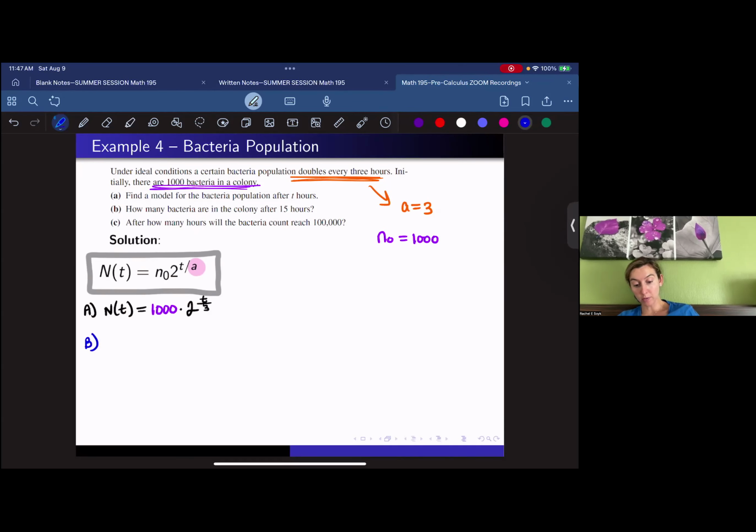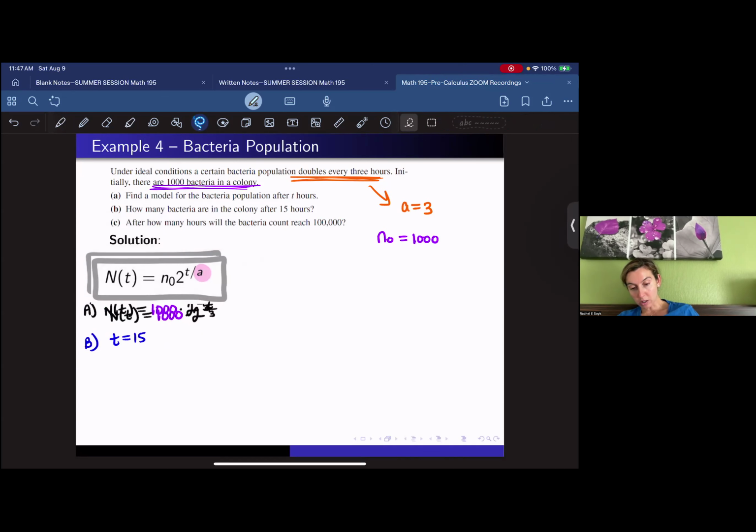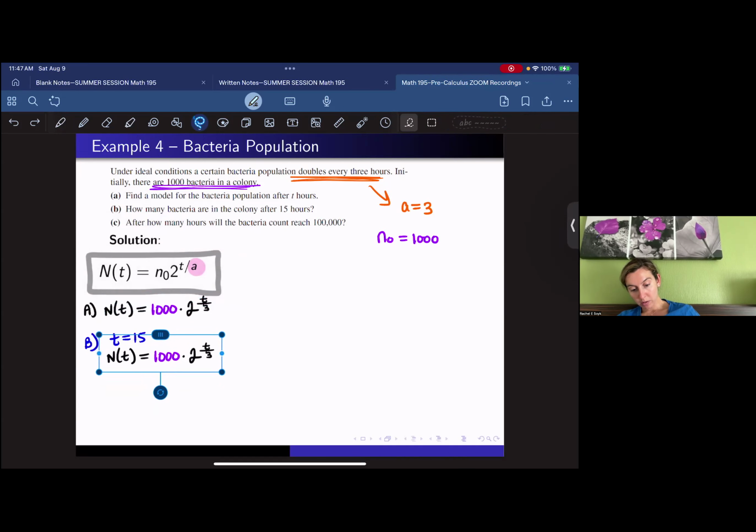in the colony after 15 hours. So now our t is 15, which means wherever we see a t in that model that we just created, we are just going to plug in 15 for it.